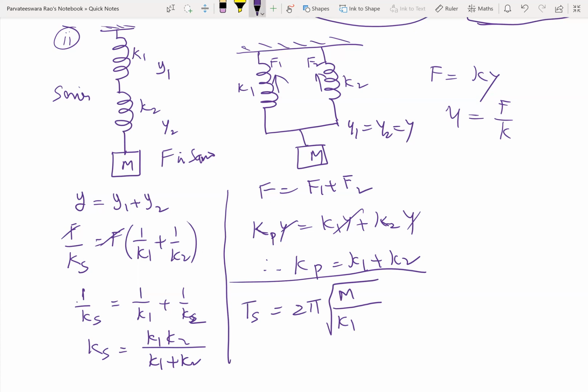So 2 pi into root of m by k1 k2 by k1 plus k2. And for the parallel connection, the time period is 2 pi root of m by k1 plus k2.